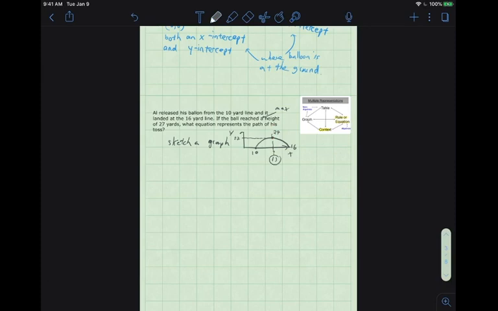So far, we have our factored form equation. We use factored form here because we know our x-intercepts. y equals a times x minus 10, x minus 16 from the word problem. Now we solve for a.